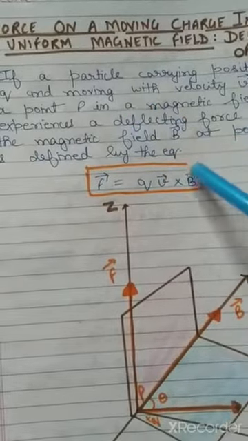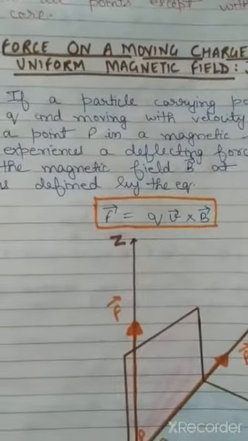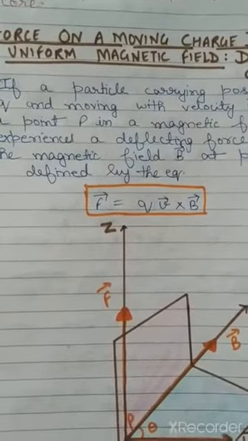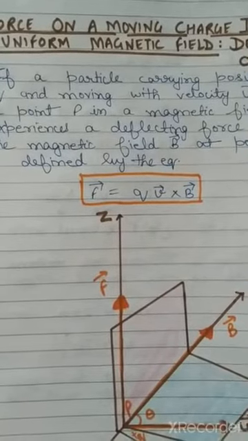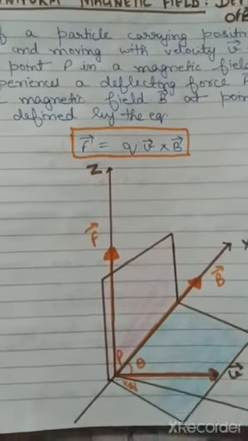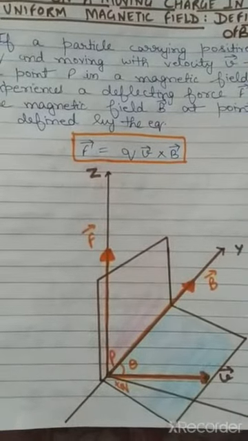So this is the equation in vector form. In the scalar form, that means when we write its magnitude, it will become F is equal to QVB sine theta. Clear? So here is a diagram I tried to make.